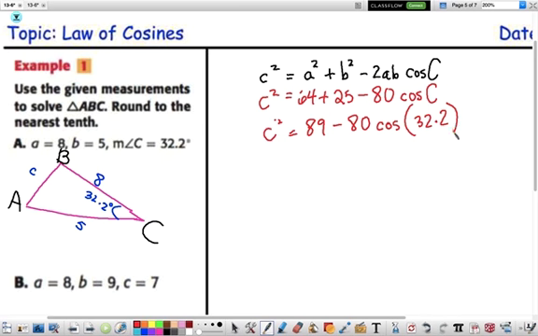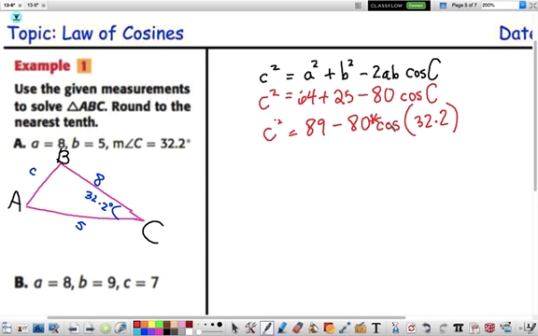Now let's enter this. This looks pretty easy to enter into my calculator. Let's do that and see what we get. Make sure you enter it into your calculator like this. 89 minus 80 times cosine 32.2.